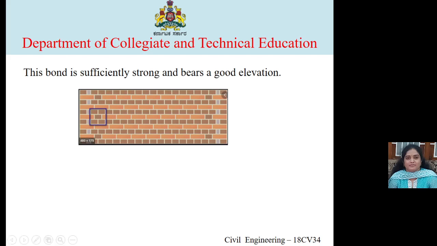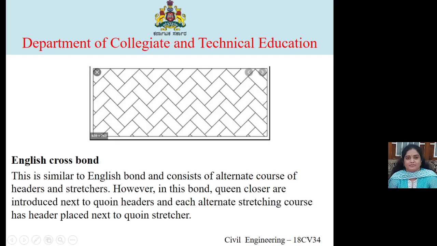Now we can see the difference here. Header course, stretcher course, header course, stretcher course, alternate, and 3/4 bricks you can see here. This bond is sufficiently strong and bears a good elevation. This is similar to the English bond, with header and stretcher alternate courses.